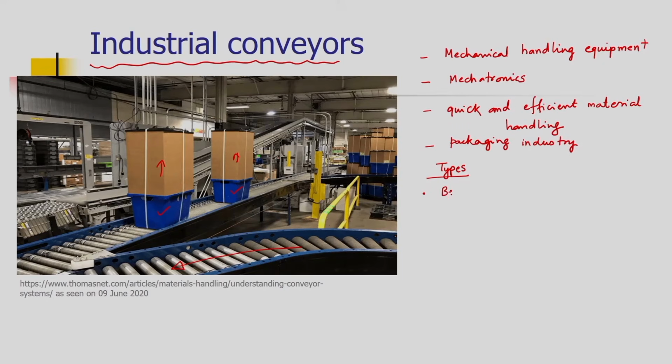First type is belt conveyors, by using belt we are conveying the commodities. Then bucket conveyors, where buckets are used. Basically bucket conveyors are used in coal or in food industries. Then roller conveyors are suitable when the commodities are packed in boxes having a flat bottom, so that they can roll over the conveyor.